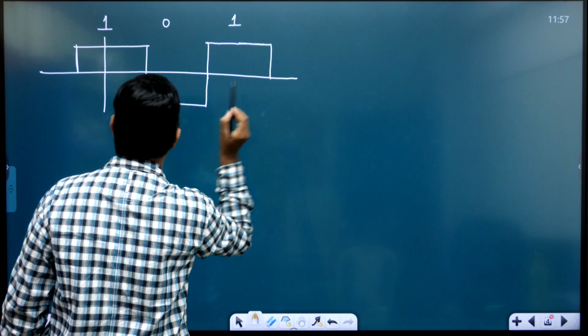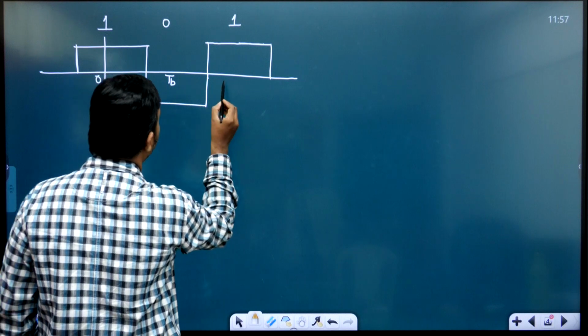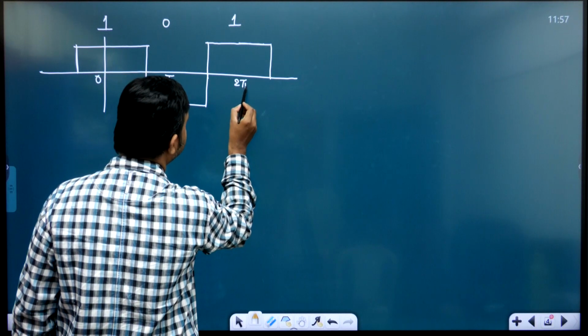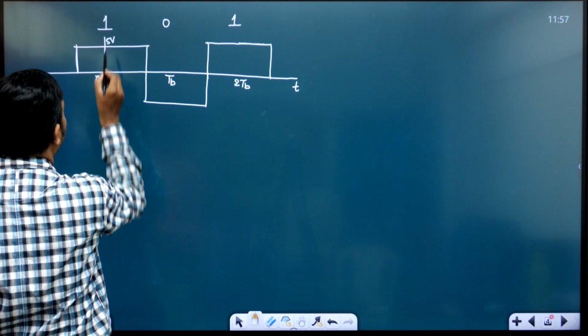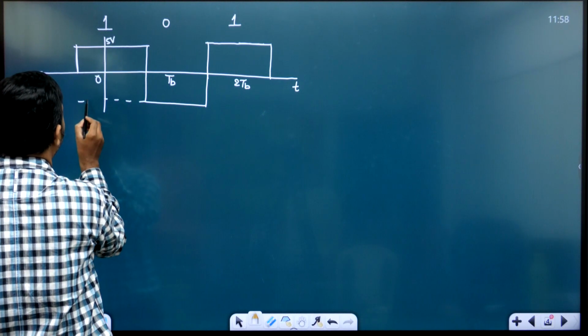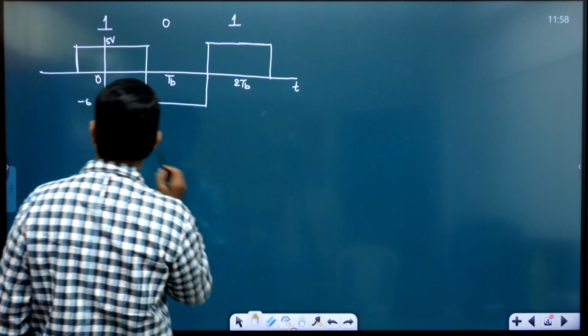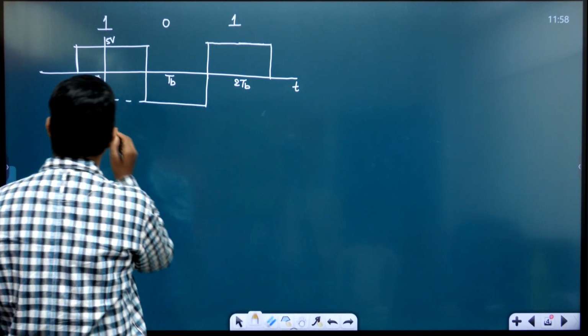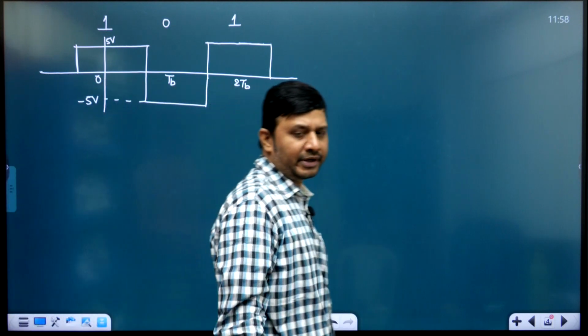Representation of 1, one more rectangular pulse. This is 0, this is TB, this is 2 TB. Say this is 5 volts, this is minus 5 volts. So this kind of representation I am going to use, and I am sending 101. 101 means this kind of sequence is transmitted.